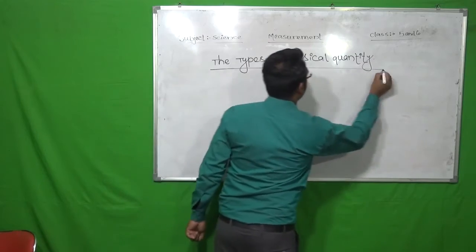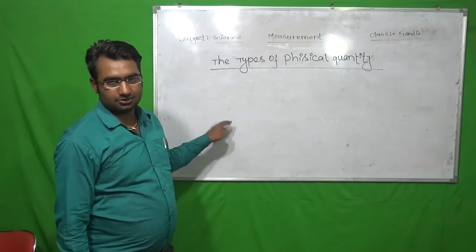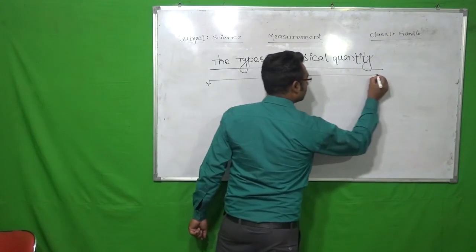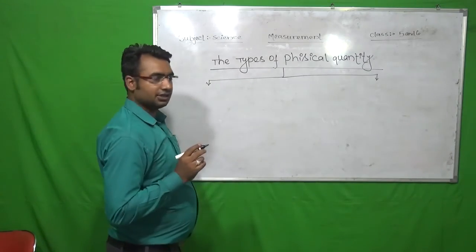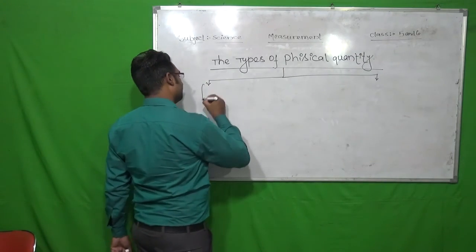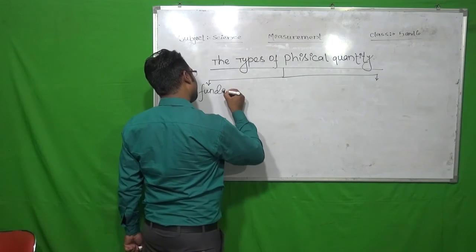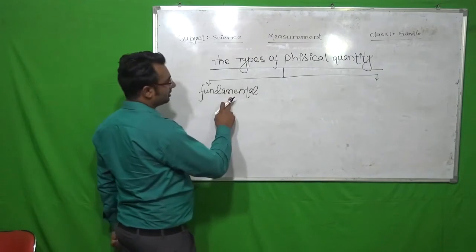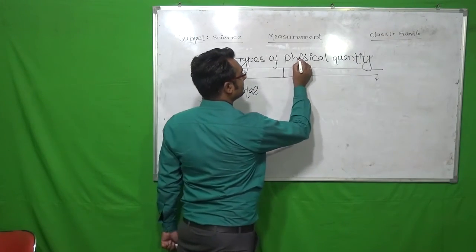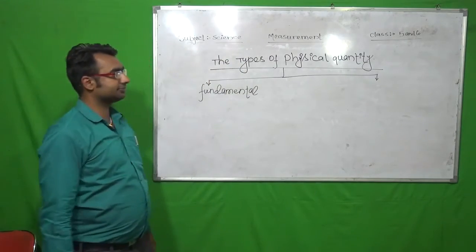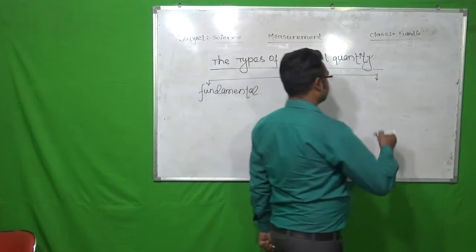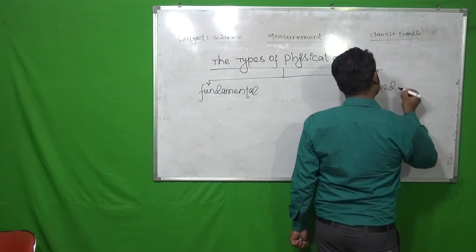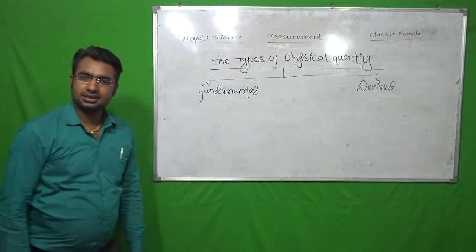Physical quantity can be classified into two groups. These are fundamental physical quantity, and the second one is derived physical quantity. Understand, students?